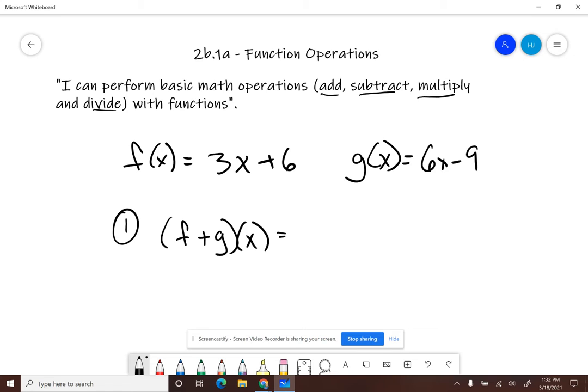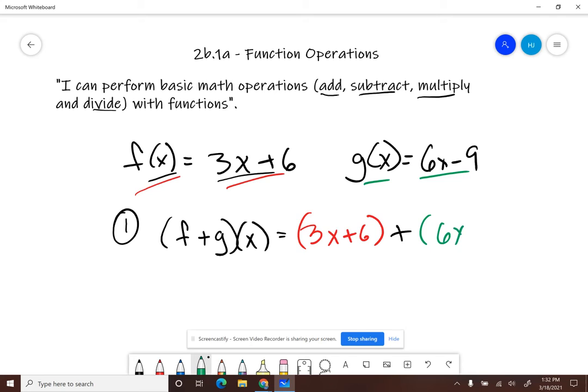Well, basically, all you have to do in this context is take f of x, which is this function, 3x plus 6, and add to that your g of x function, which is 6x minus 9.